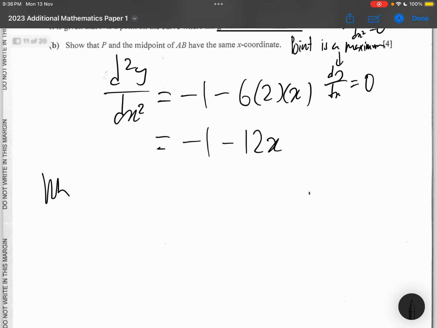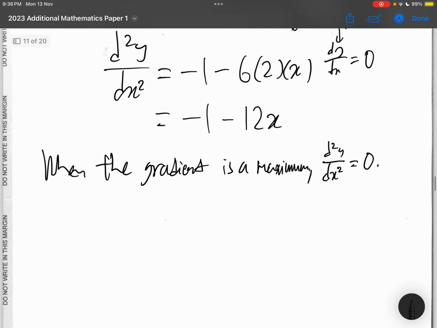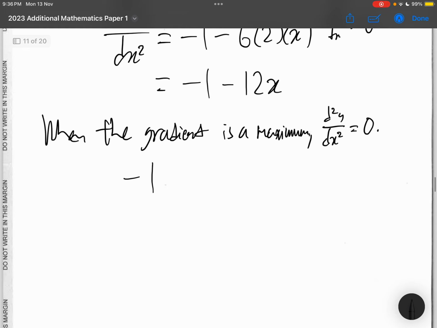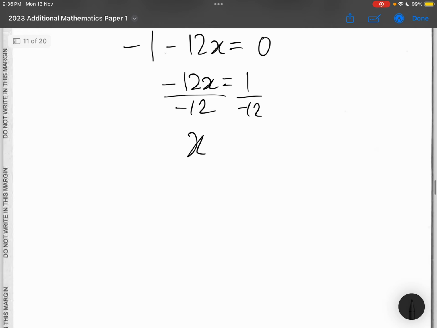Now, when the gradient is a maximum, then my second derivative is equal to 0. So negative 1 minus 12x gives me 0. Then negative 12x equals 1, and then I can find x.